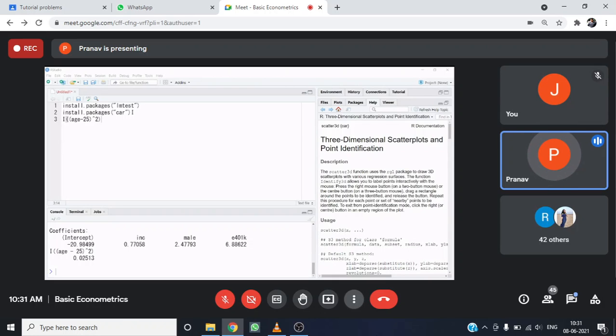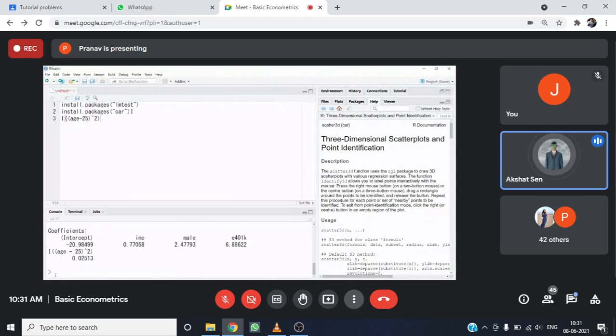So now the base is not 0, the base is 25. That is nothing else, there are no other changes. Okay, so if the age is below 25, obviously the income will fall. Correct. Yeah. I have used the example, I think 8.4 or 8.6, I don't know. Just check once, but this is Wooldridge's example.